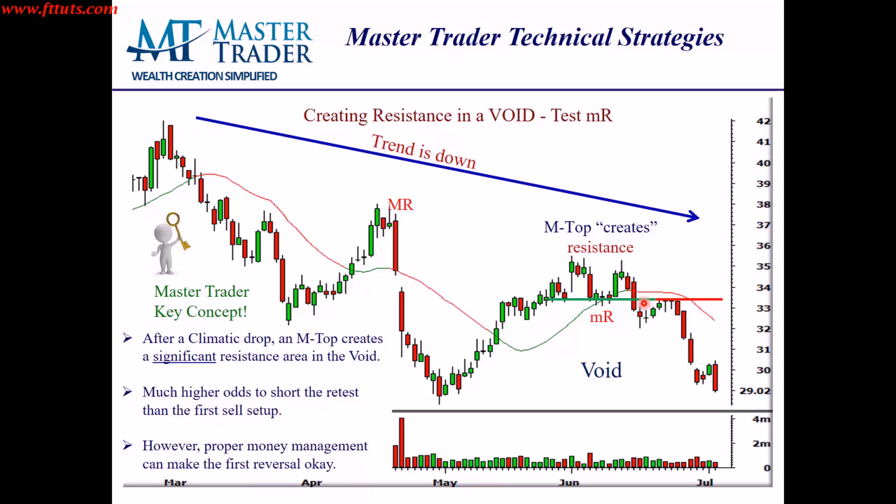So just touching on that. But here, this type of setup, the move up creates the pivot, creates the retest, and then the break into the void. That is a high odds type of setup after a climactic drop.